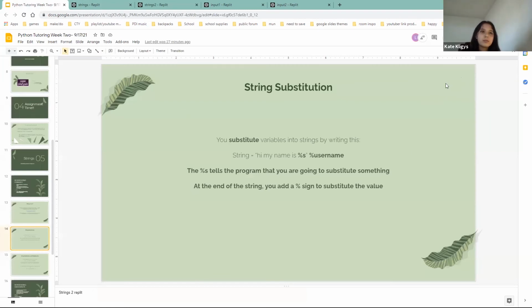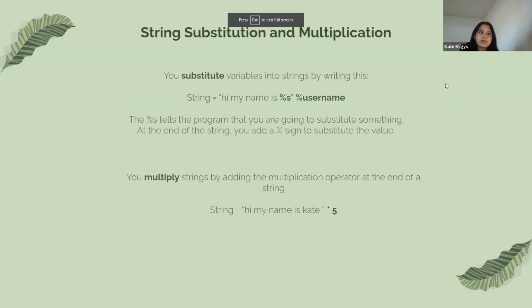Okay, moving back onto the presentation, string substitution and multiplication. I already went over the first part, but you multiply strings by adding the multiplication operator at the end of the string. For example, here, hi, my name is Kate.